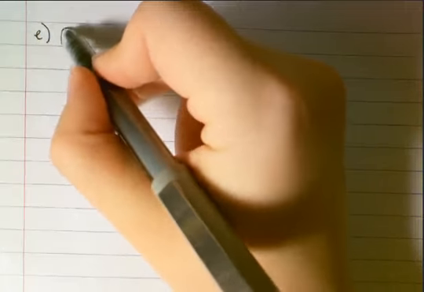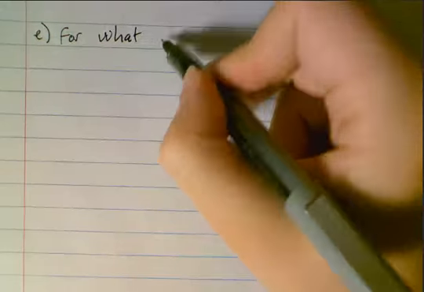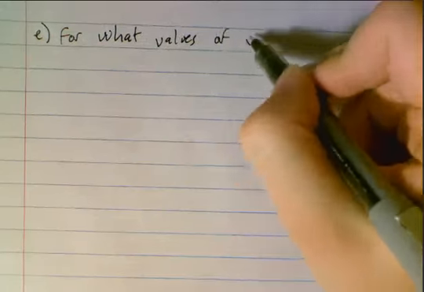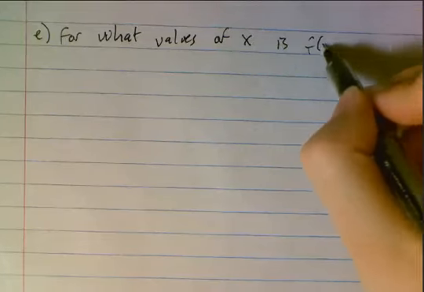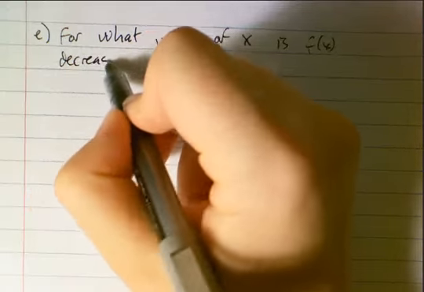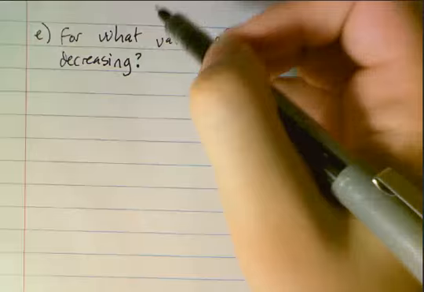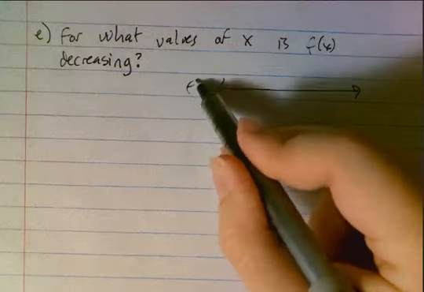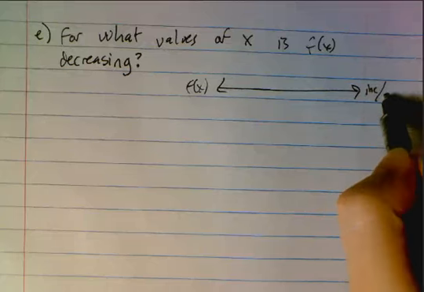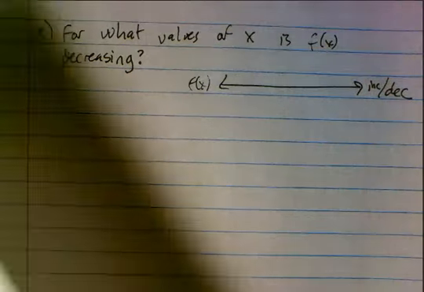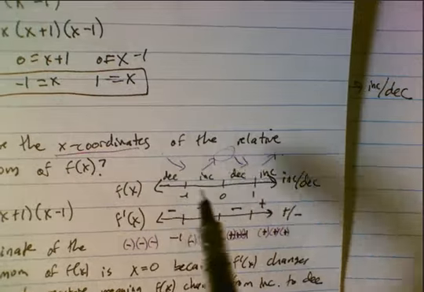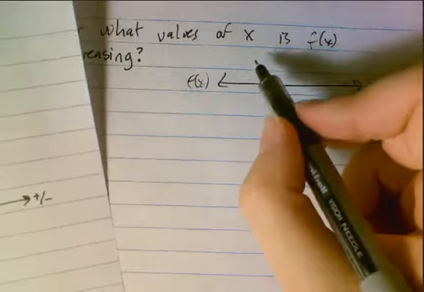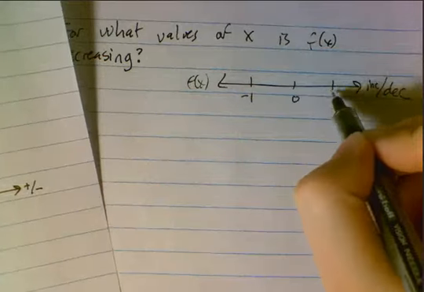We can also be asked simply about increasing, decreasing, or concave up, concave down. So let's say for what values of x is f of x decreasing. So decreasing is obviously the increasing, decreasing line for f of x. And over on previous pages, we already created that line based on f prime of x. So just recopying that, that was negative 1, 0, 1.